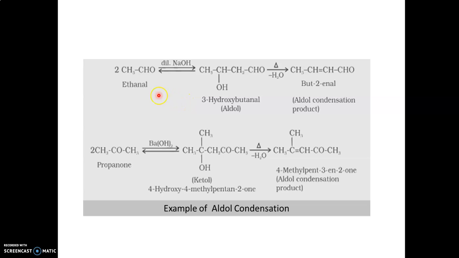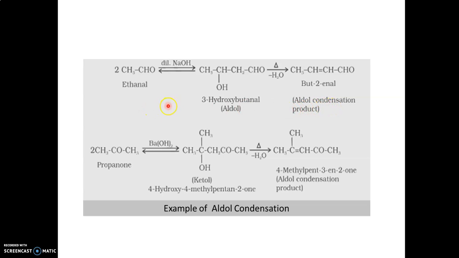In detail, when two molecules of acetaldehyde react in the presence of dilute NaOH, they result in the aldol product, which upon heating results in an unsaturated aldehyde, and this unsaturated aldehyde is often referred to as the aldol condensation product.